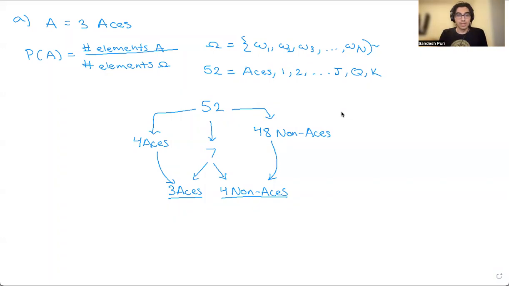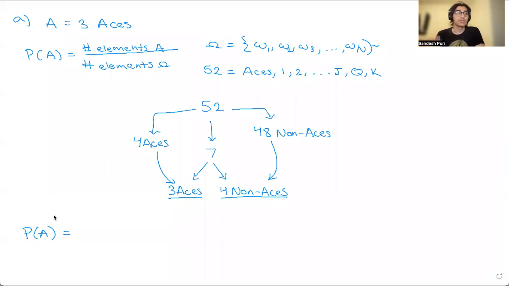Okay. So I think we have a very clear idea of what we're looking for and where those cards are coming from. So let's tackle this probability. So first, we need to consider whether it is a permutation or a combination. Recall that permutation is when the order does matter.